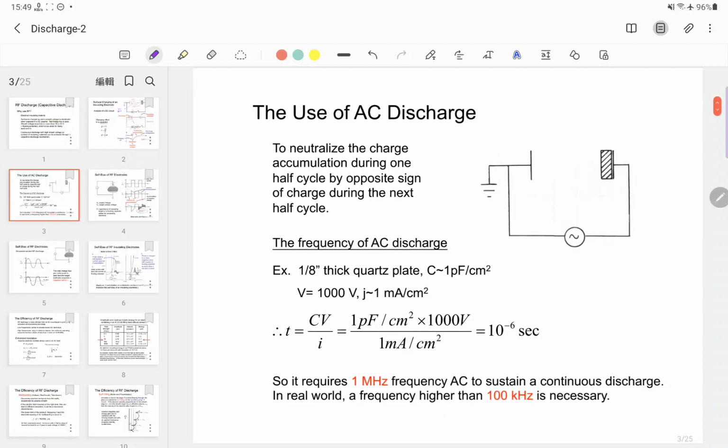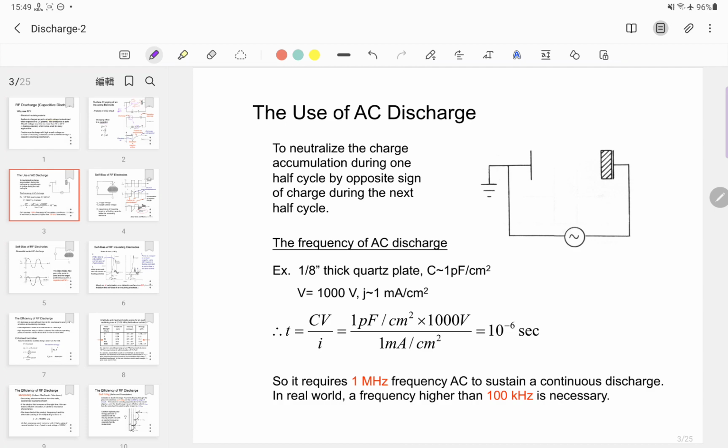So instead of using a DC discharge, people start using AC discharge. And it is very high frequency AC. It's not like our indoor electricity. In our indoor electricity, the frequency of AC is 60 Hertz. So for every second, there are 60 cycles, positive, negative.